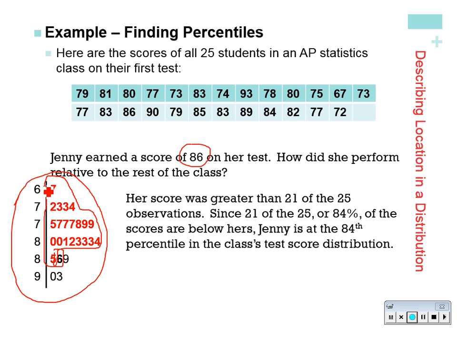So to find her percentile rank, I would take the 21 scores that she scored better than out of the 25 total scores, and that would get me 0.84, which is 84%.